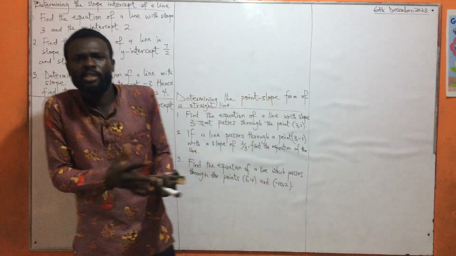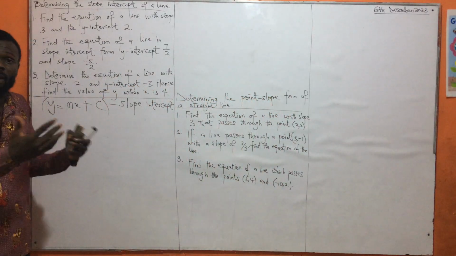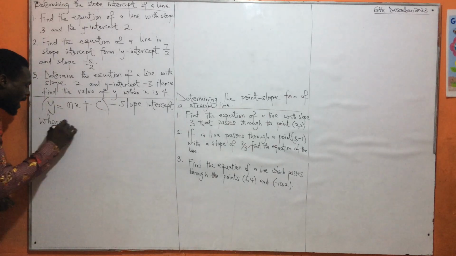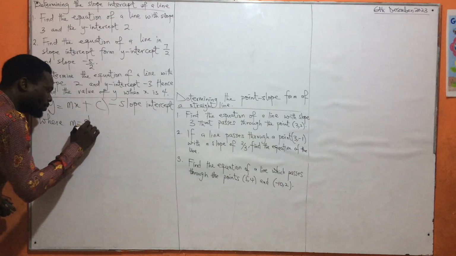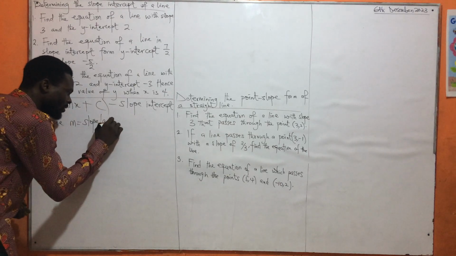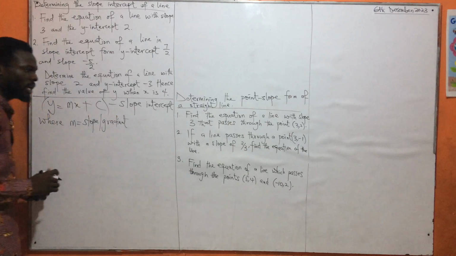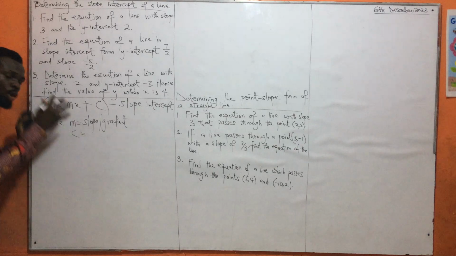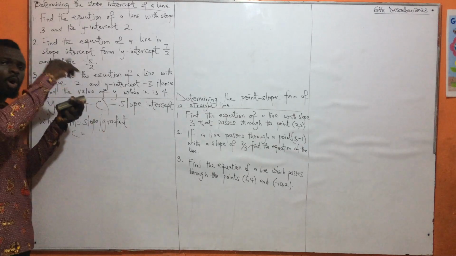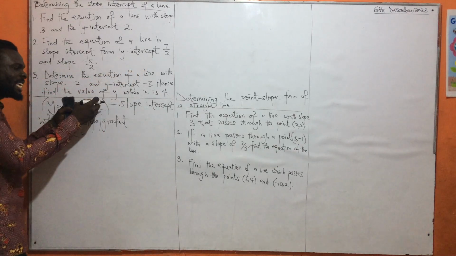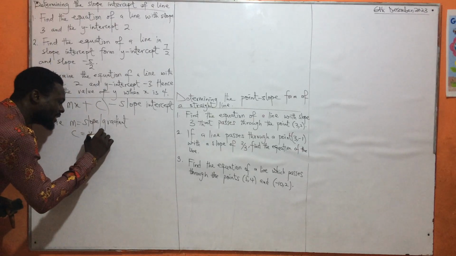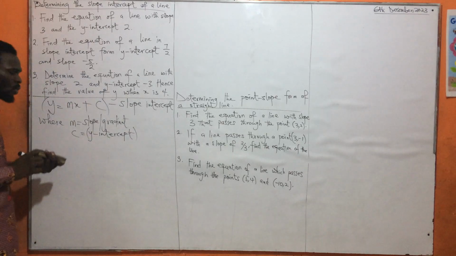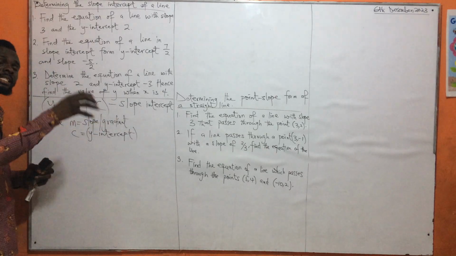Now, what is m? What is c? y and x are variables, they can change. But m is the slope or gradient, and c is a constant. Depending on the equation of the line, we call c the y-intercept. What is the y-intercept?